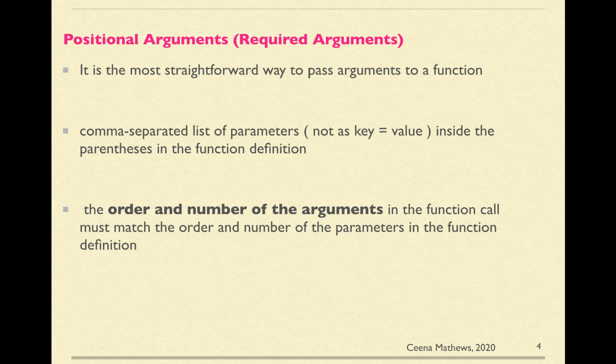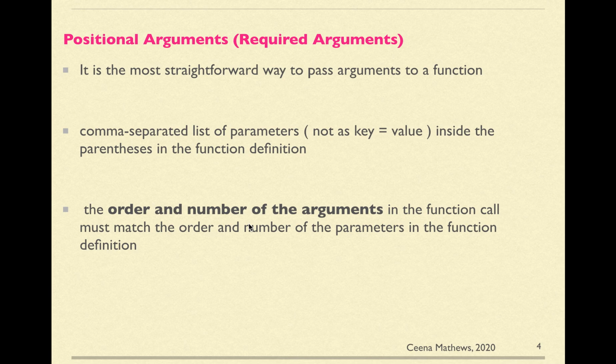First is positional arguments. As I said before, it is otherwise called required arguments. It is the most straightforward way to pass arguments to a function. It is a comma separated list of parameters. They are not given as key value pairs. Only the parameters are given separated by comma inside the parenthesis in the function definition.